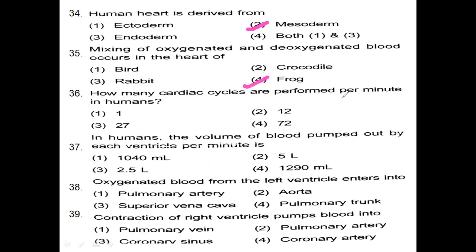How many cardiac cycles are performed per minute in humans? 72.